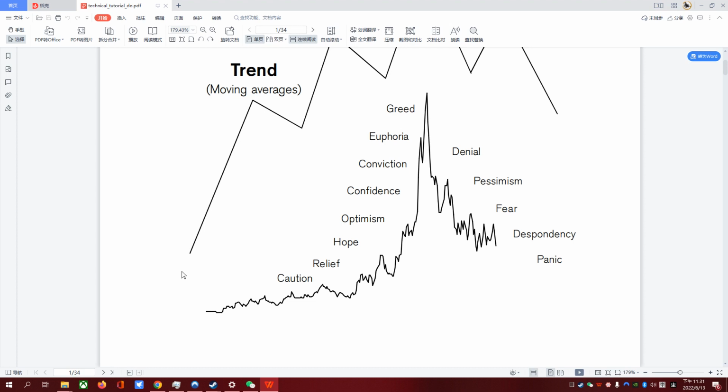And then if the stock goes up, you will have a more positive attitude, and therefore you're having this optimism, and with that optimism, slowly you're having this confidence, conviction, and then when the price hits record high, you will have euphoria, and then finally greed.